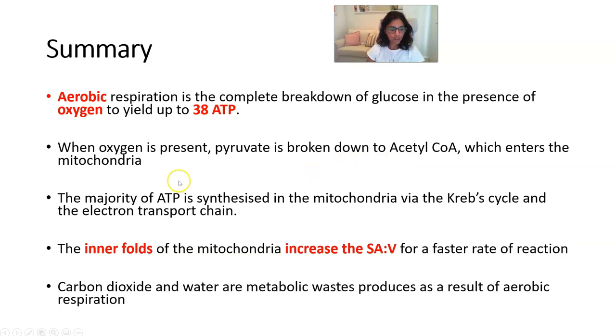The majority of ATP is synthesized in the mitochondria via the Krebs cycle and the electron transport chain, and the inner folds of the mitochondria have a large surface area to volume ratio so that there's a faster rate of reaction for ATP production. The metabolic wastes that are produced in this reaction are carbon dioxide and water.